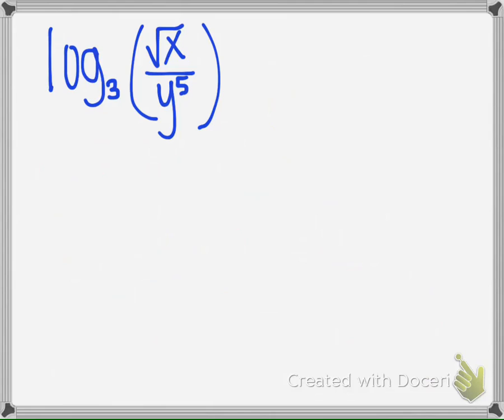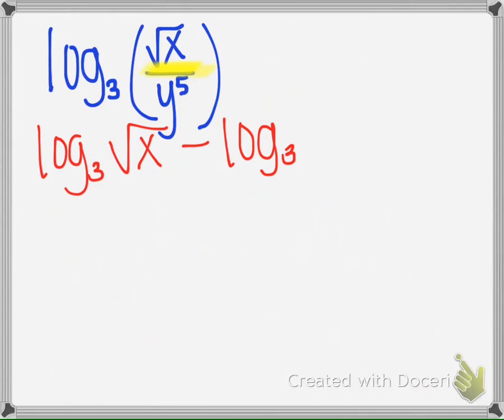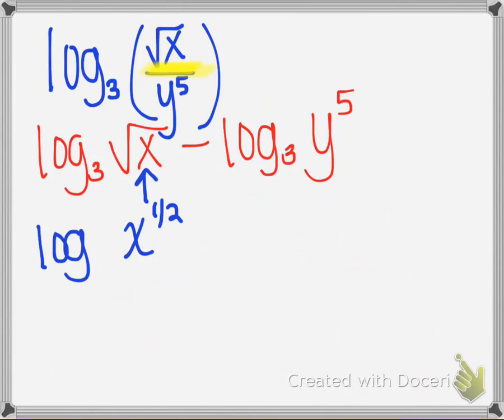Okay, last one like this. First of all, we see division, so we could separate it using subtraction. Now I could rewrite this as x to the 1/2 power using our properties for radicals.